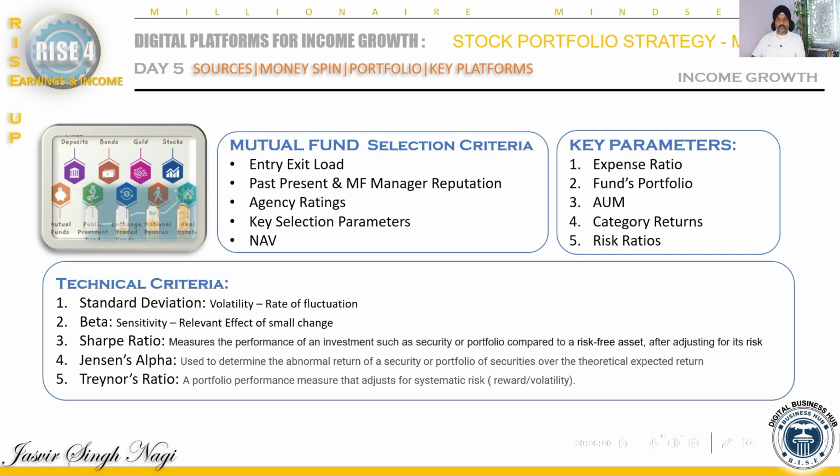And then you see the risk ratios, right? And we'll cover those risk ratios in the respective technical criteria. Okay, right. So what is the first technical criterion? Standard deviation, right? This shows you the volatility of a particular mutual fund, because the way a single stock fluctuates up and down will also affect the volatility of that mutual fund.